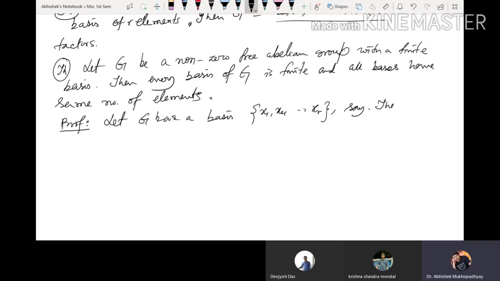Then by using the above observation, we can say that G is isomorphic to Z cross Z cross ... Z up to R factors.